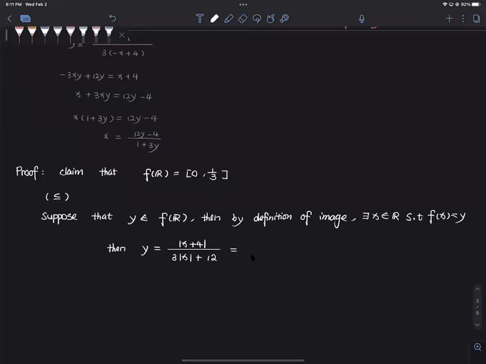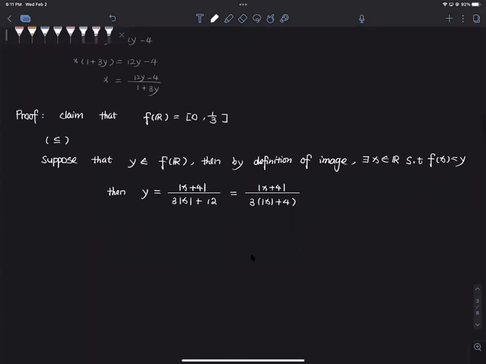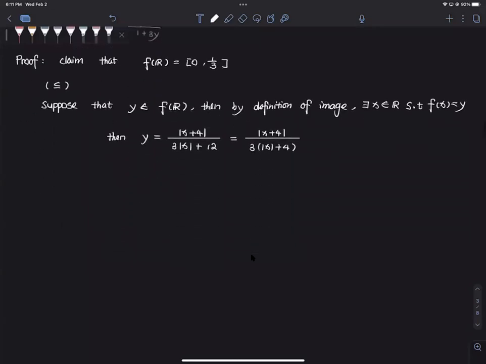And I'm going to write it as absolute value of x plus 4 over 3 times the absolute value of x plus 4. Now I can use my rough work. If you don't remember rough work, you can go back. I remember my rough work.